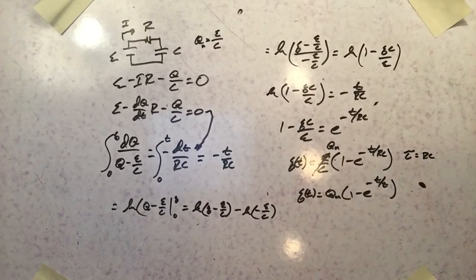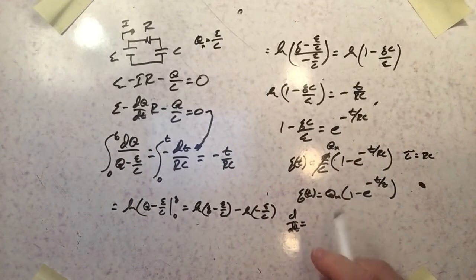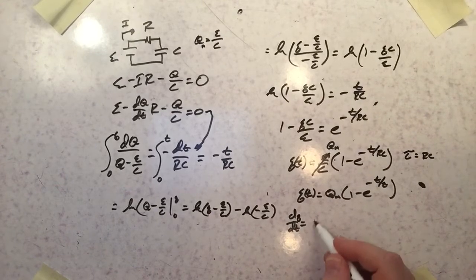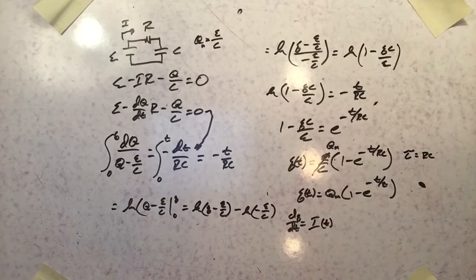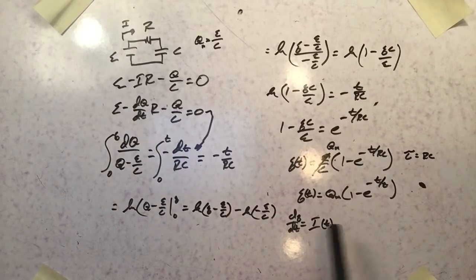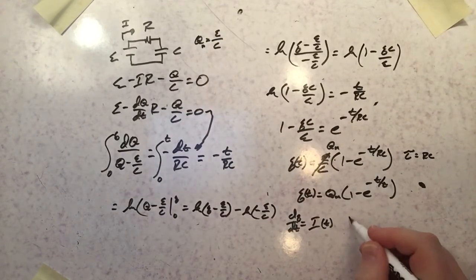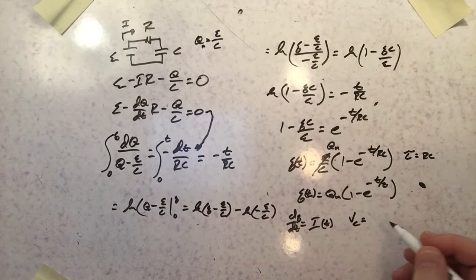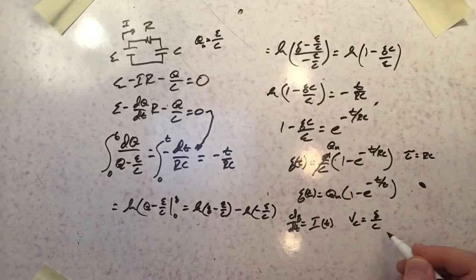In addition, I can take its first derivative, d/dt of Q, so dq/dt, and that'll be equal to I. So I'll have I of t. I can then use I to describe the voltage across the resistor as a function of time. Because Q is also part of the voltage across the capacitor, I can say VC is going to be equal to this function Q over C, and that'll give me the voltage as a function of time.